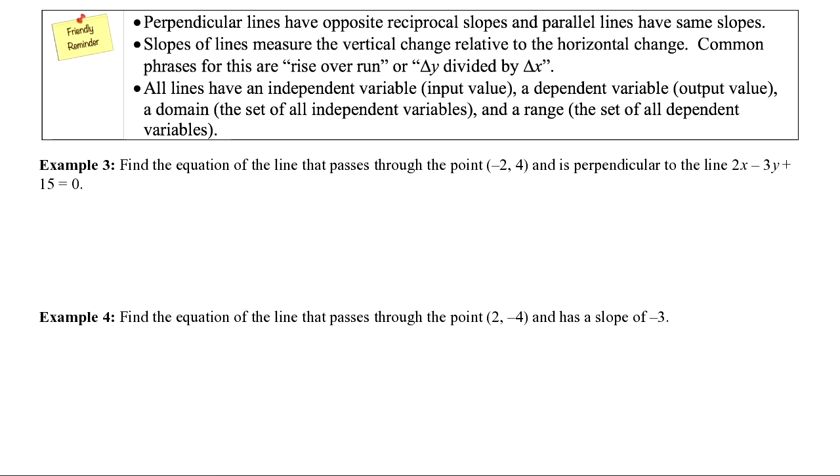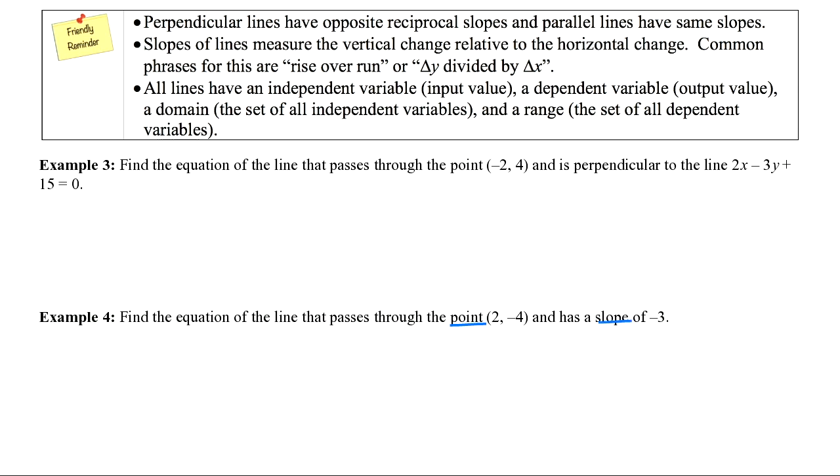So let's look now at our last one, here we are right here. Find the equation of the line that passes through the point (2, -4) and has a slope of -3. All right, so I like to think about what we have. Well, we have a point and we have a slope. So you'd likely want to use the point-slope formula.